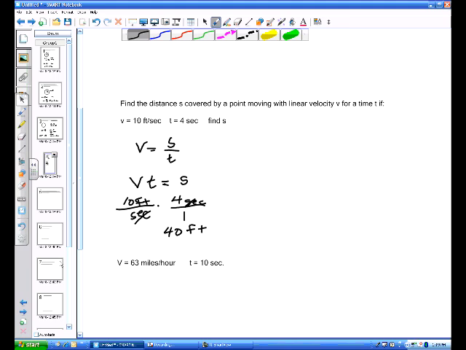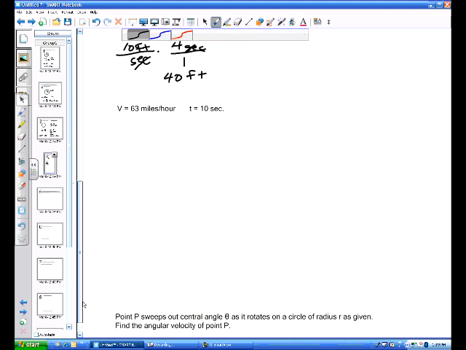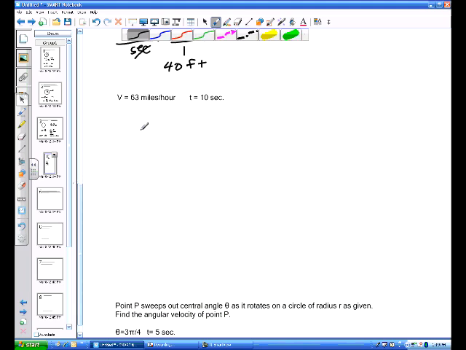We were trying to find that. If we were wanting to find the distance, and in this case we're given our velocity and our time, and we know that linear velocity is equal to the distance traveled divided by time, so if we want s, the distance traveled, velocity times time equals distance.